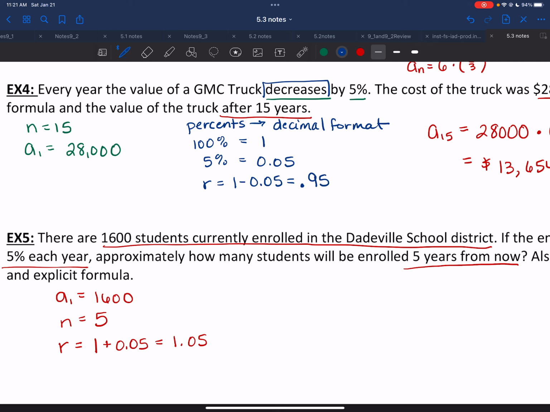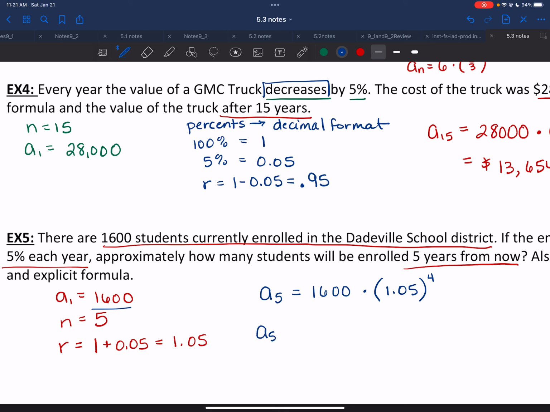Let's go ahead and work out the problem. A to the 5 is equal to my starting number, 1600, times my ratio, which is 1.05, to the 4th power, which is 5 minus 1.